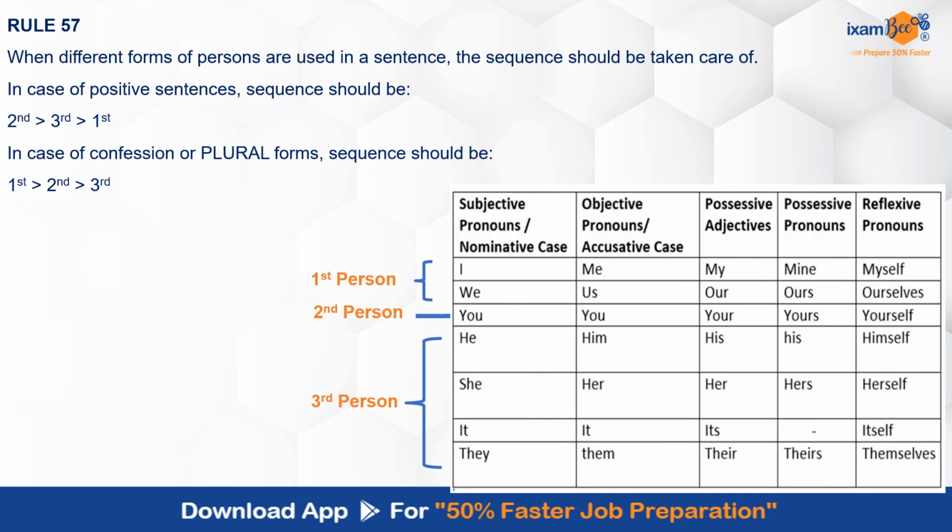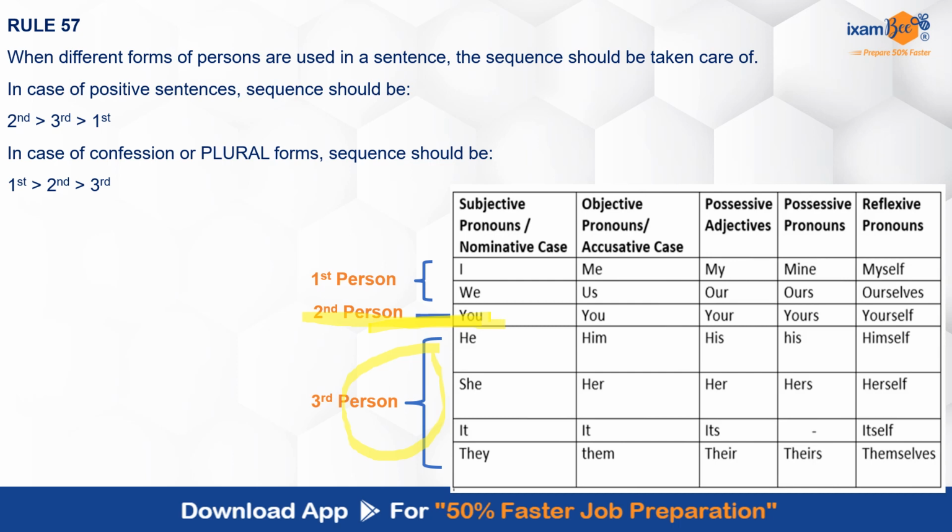Now this one is a very important rule when you are talking about the sequence of different persons. Persons: first person is the speaker; second person, the listener; and third person, who is not a part of the conversation. So when we are talking about positive sentences, the sequence should be, you always give priority to you, to the listener.